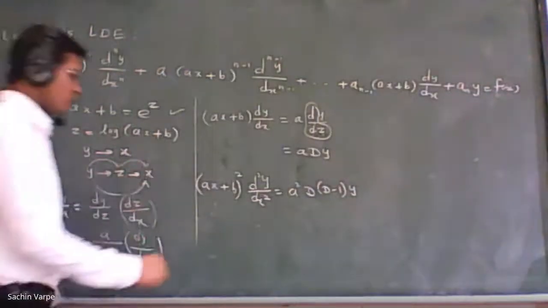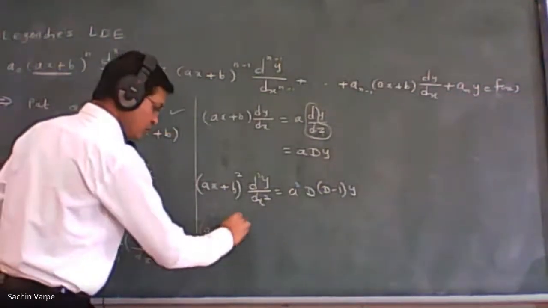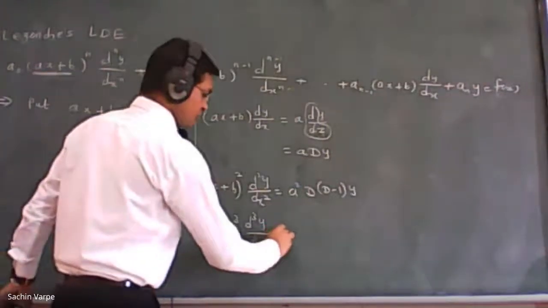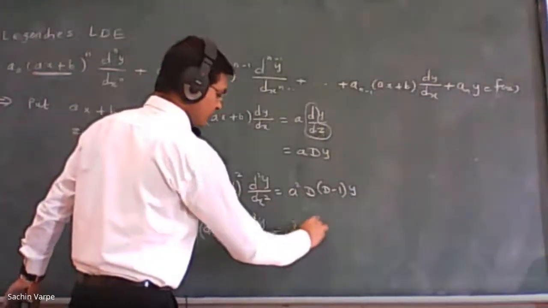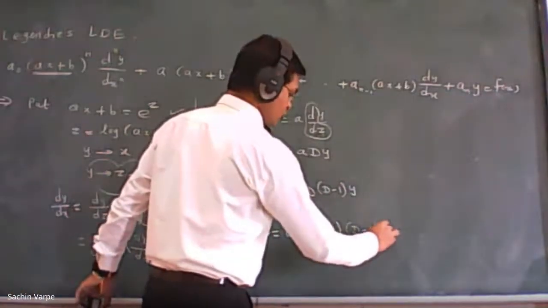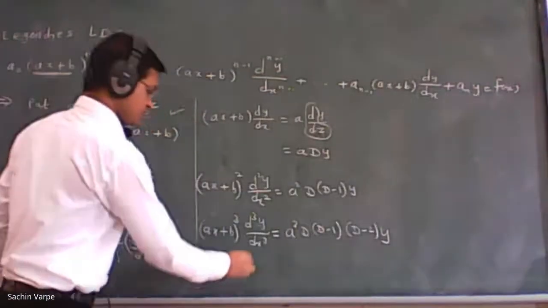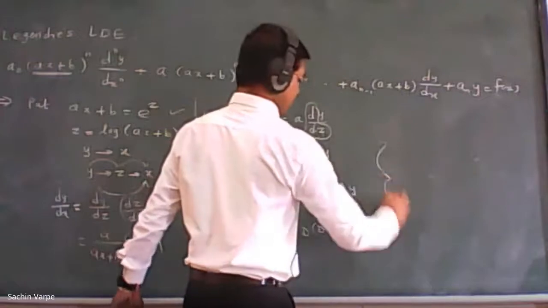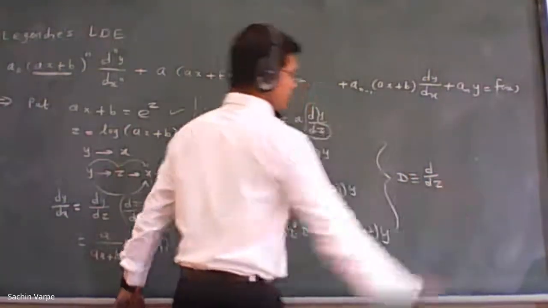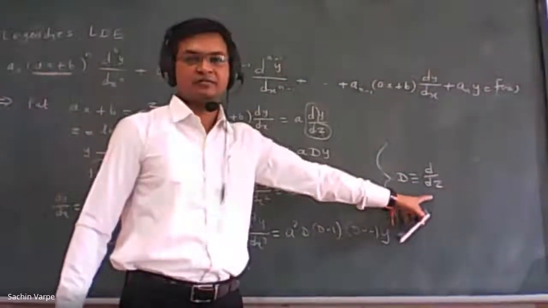For the third order differential term, the substitution will be ax plus b cube d cube y by dx cube is equal to a cube D into D minus 1 into D minus 2 into y, and so on, where this capital D is nothing but the derivative with respect to z. This is very important. Independent variable is z there.